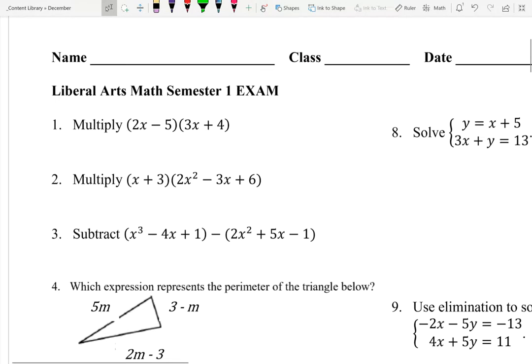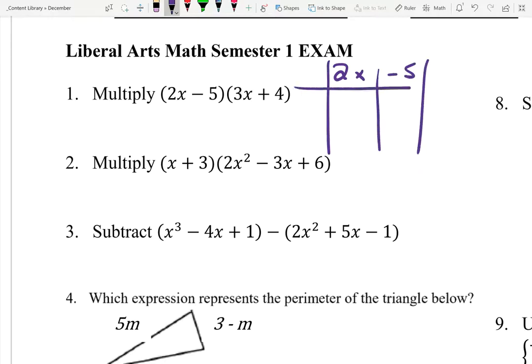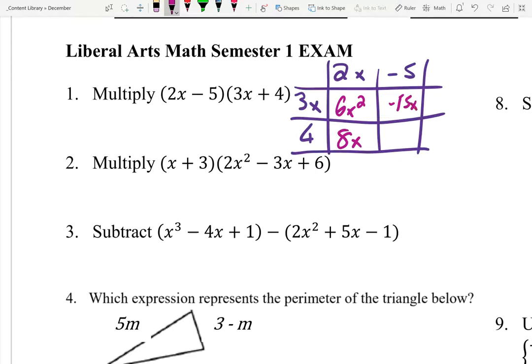All right, multiply. Number one is a multiply problem. When you're multiplying polynomials like this, you can either set up a little table like 2x and -5 times 3x and 4, and start doing the math. 2x times 3x, remember you're multiplying, so that's 6x squared. 2x times 4 would be 8x. -5 times 3x would be -15x, and then -5 times 4 is -20.